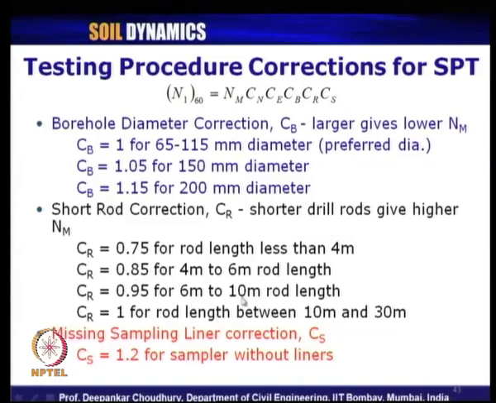If it is between 6 meter to 10 meter of rod length, then the correction factor is 0.95. And the liner correction factor or sampler correction factor CS is equal to 1.2 for a sampler without liners. So, if you use a liner, no correction is required, it is 1. With liners no correction, without liners we have to use 1.2.